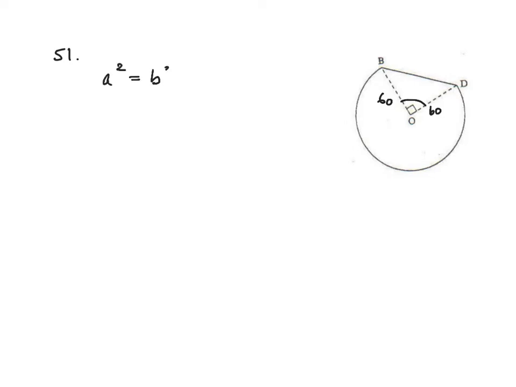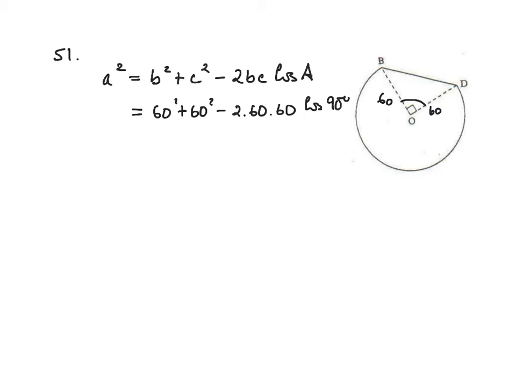A squared equals b squared plus c squared minus 2bc cos A. So it's 60 squared plus 60 squared minus 2 times 60 times 60 times the cos of 90 degrees. 3600 plus 3600 minus 7200 cos 90.